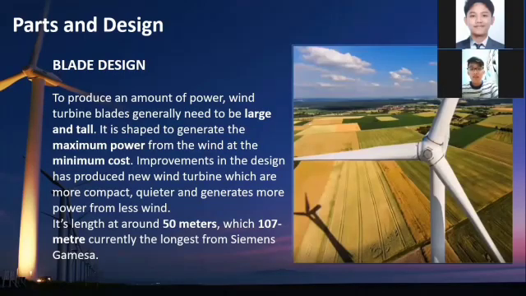Its length is around 50 meters, while 107 meters is currently the longest, from Siemens Gamesa. So that is the biggest blade. And of course we have different blade designs, so the power generated is also different, because we have different designs. Next.